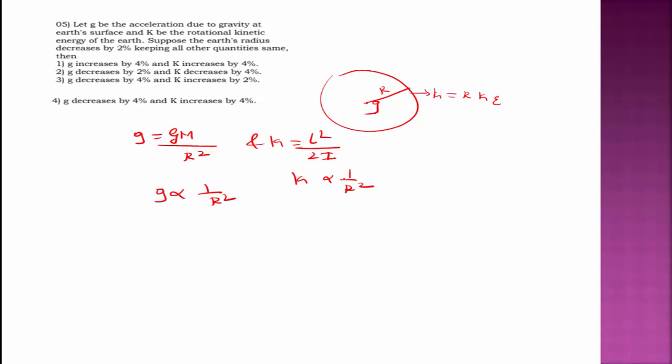It means if the radius of the Earth is decreased by 2%, then g and K both increase by 4%. Option 1 is the right answer.